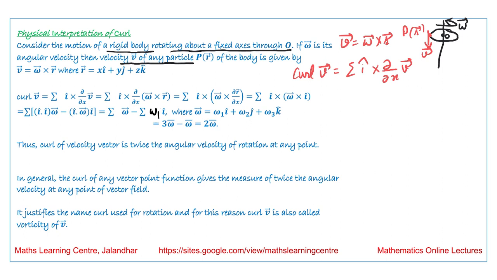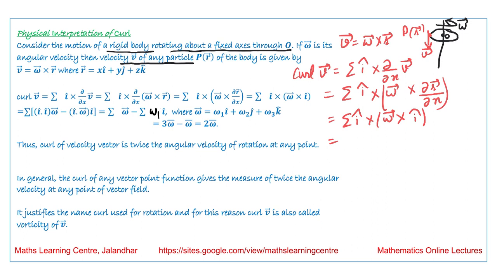Now omega vector is constant over here, so this is equal to sigma i cap cross, with V vector replaced by omega vector cross R vector, so we can write it as omega vector cross ∂R vector/∂x. So this is equal to sigma i cap cross omega vector cross. Now the value of ∂R vector/∂x is i cap. This is a vector triple product.